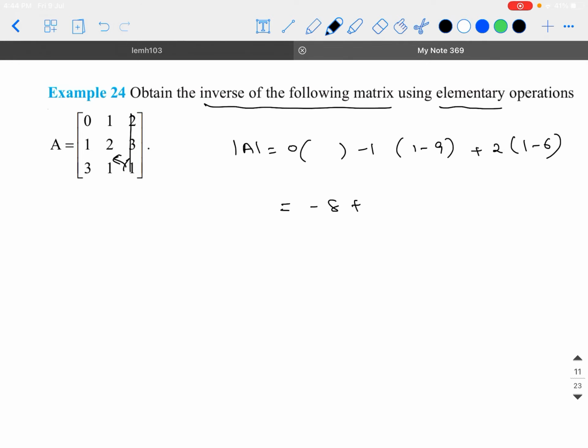So this will give you minus 8 plus 10, which will give you 2. So the determinant of A is 2. This will also give you an assurance that since it is not 0, you have an inverse existing for it.